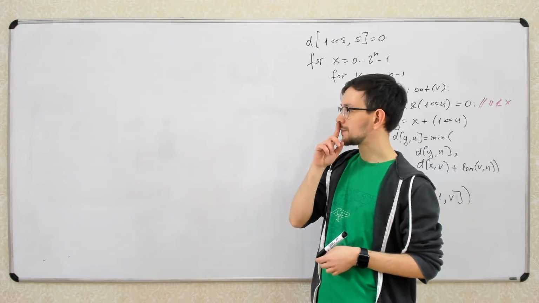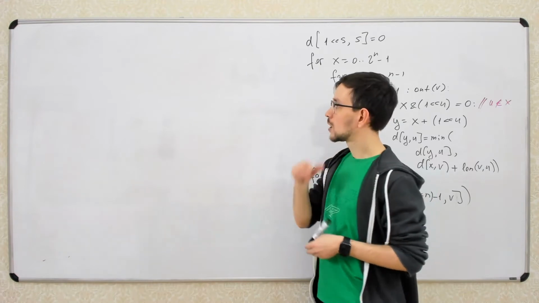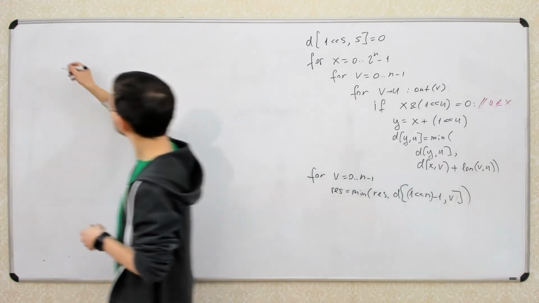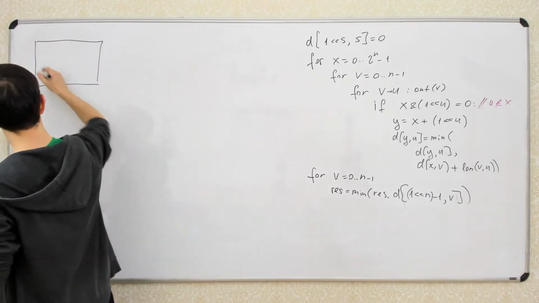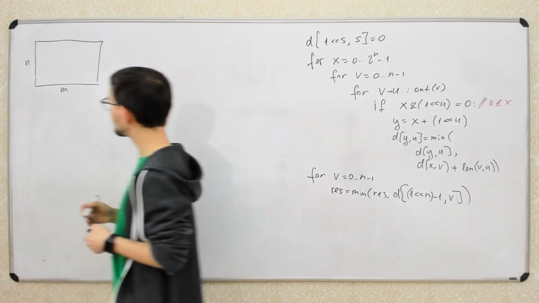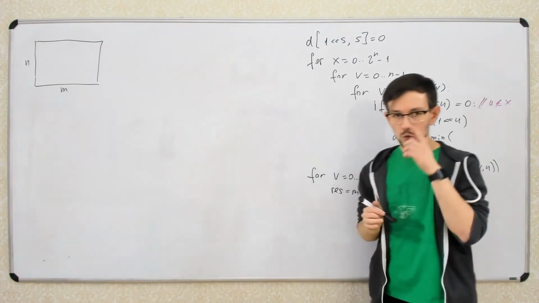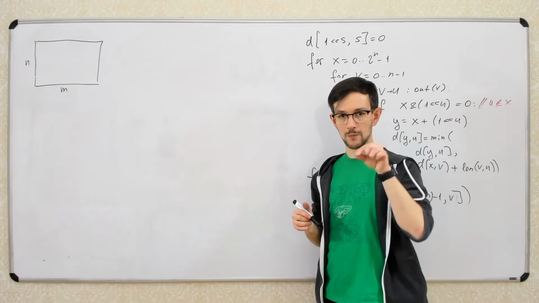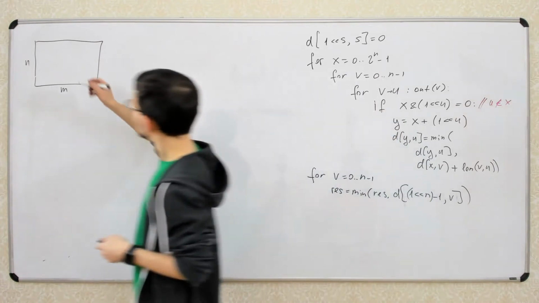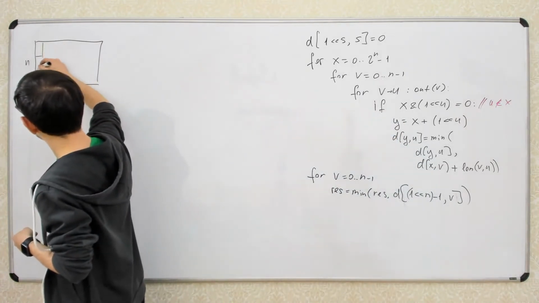It was about the following problem. You have a rectangle n by m, and you want to fill this rectangle with small rectangles of size 1 by 2. It was called the parquet problem.